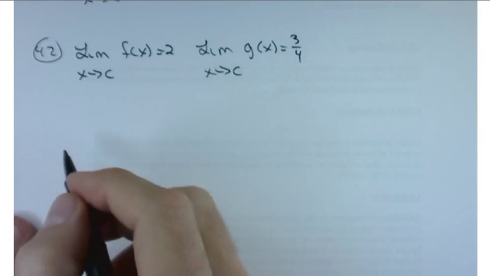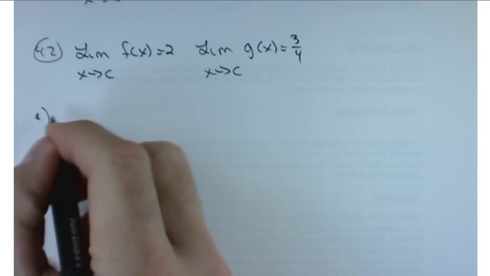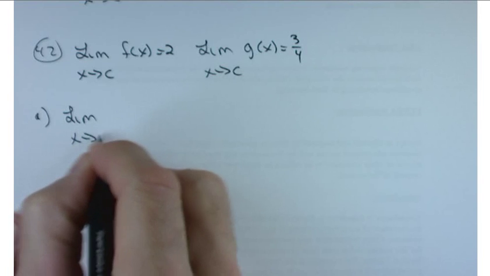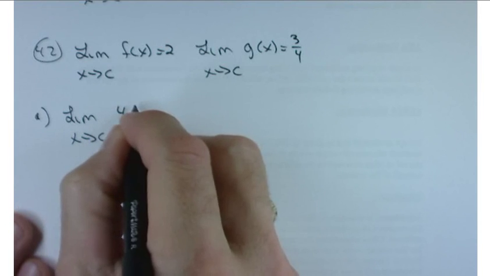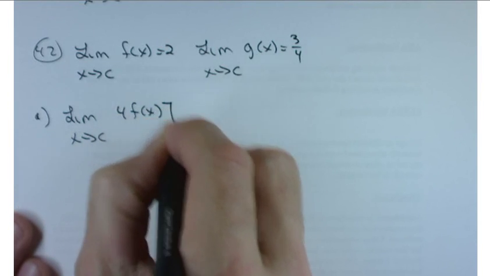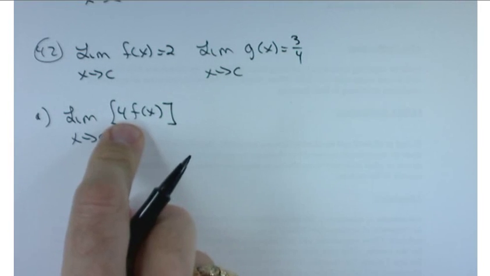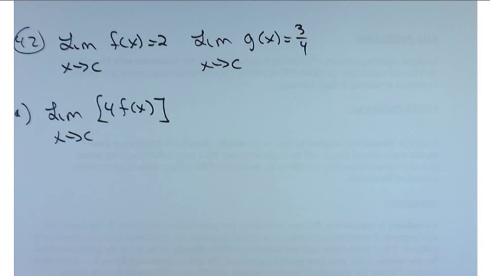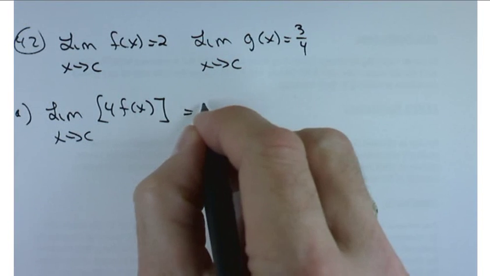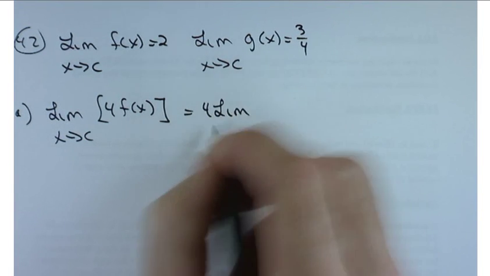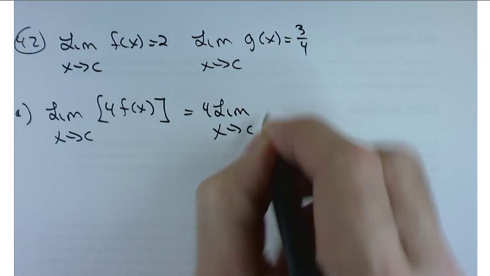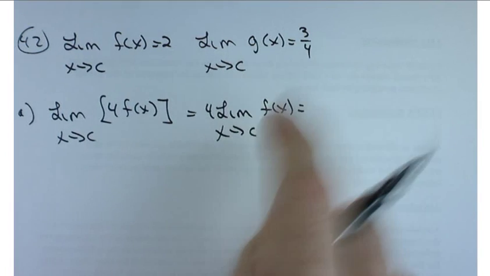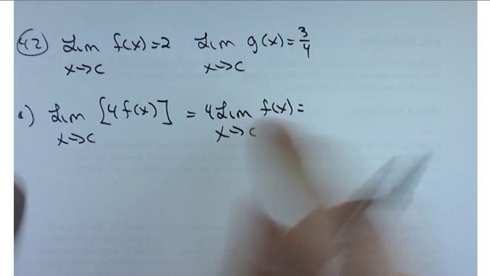For instance, part A, the limit as x approaches c of 4 times f of x. So you have this new function which is 4 times f of x, but really that's not much different than the old function. If you want to be really formal, you can factor the 4 out, and then you have 4 times the limit of f of x, but we know what that limit is, right?